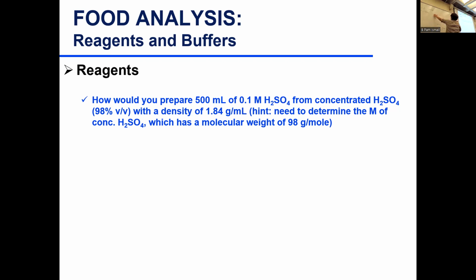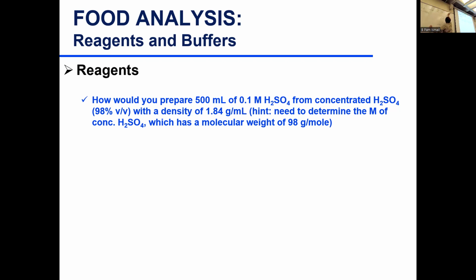So 98% volume by volume means 98 milliliters in 100 milliliters. They gave me the density, so I want to convert 98 milliliters to grams, to mass.